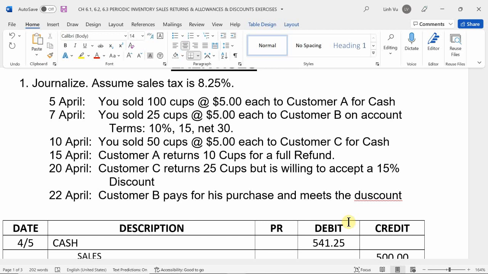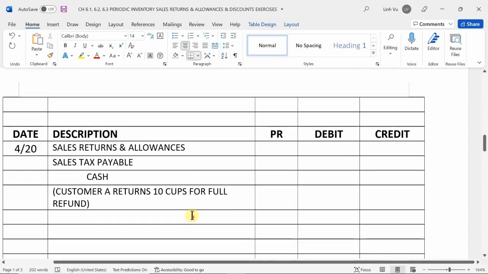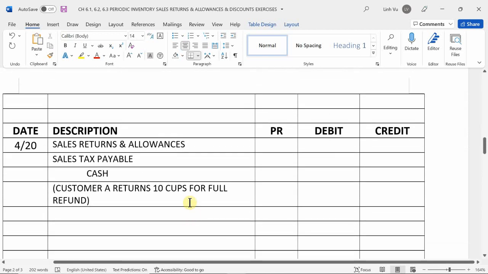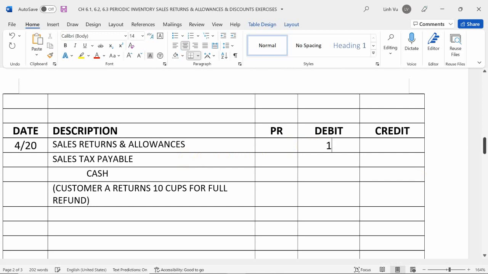15% off of 25 mugs at $5 each is $18.75. 25 times 5 is 125, times 0.15 is $18.75. Good. They're only getting a portion of the money back, $18.75.